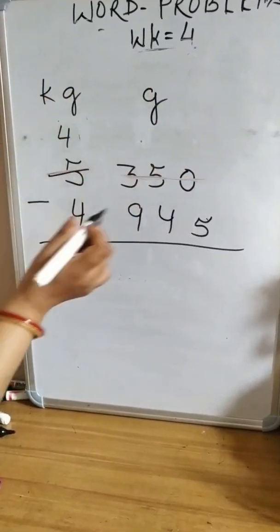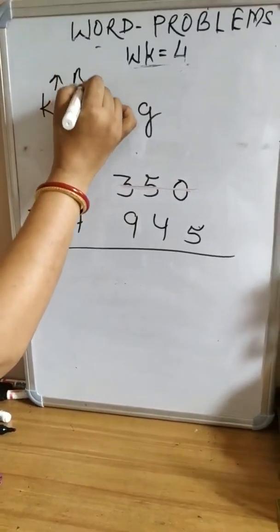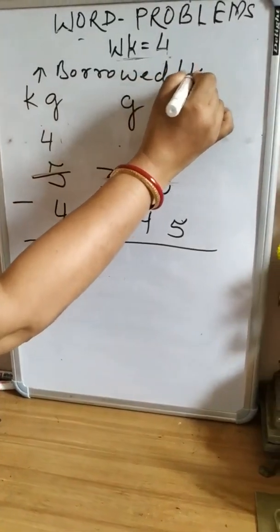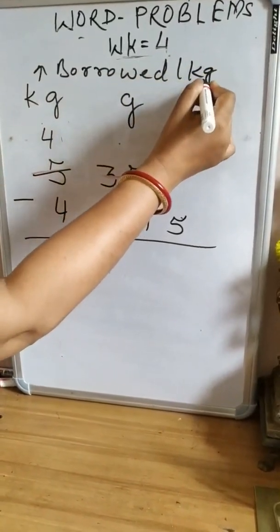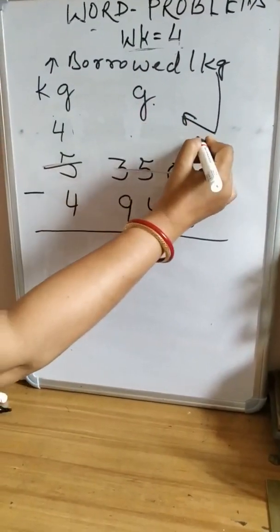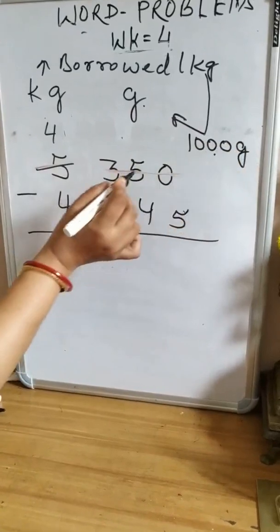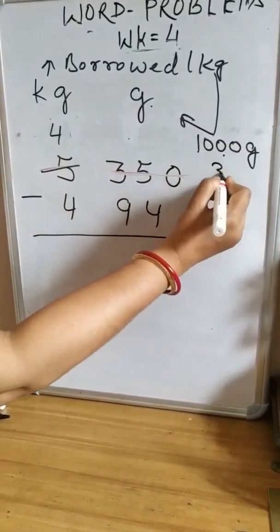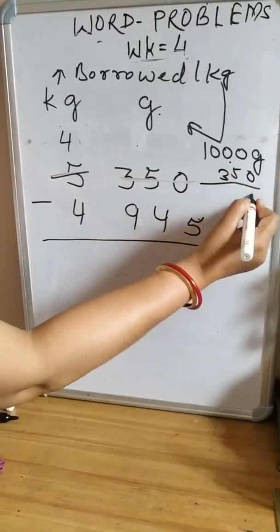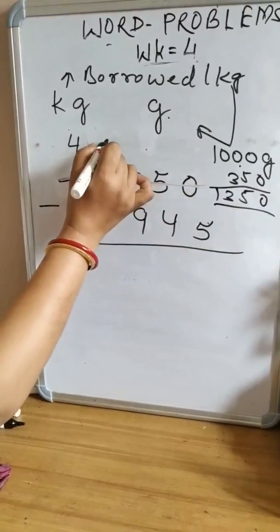And this 1 kilogram that is borrowed will be added over to the gram section. So 1 kilogram has 1000 gram. So this 1000 is added with 350 gram. So what will it be? 1350.